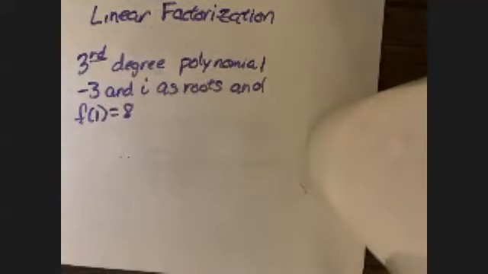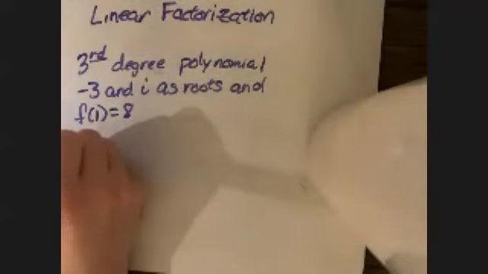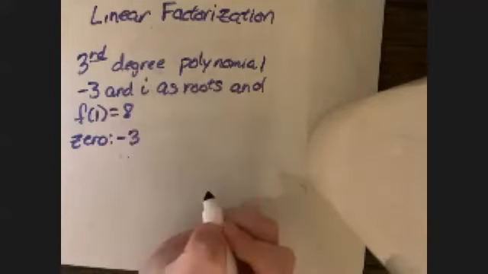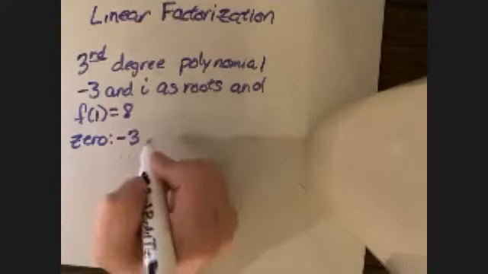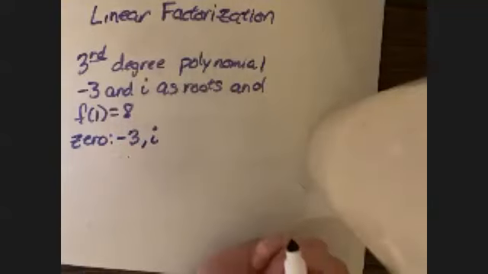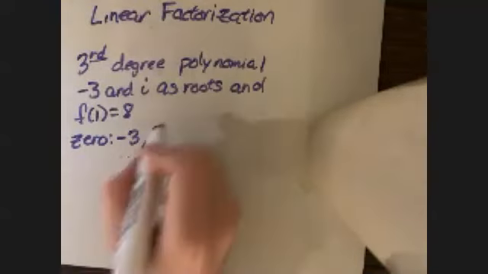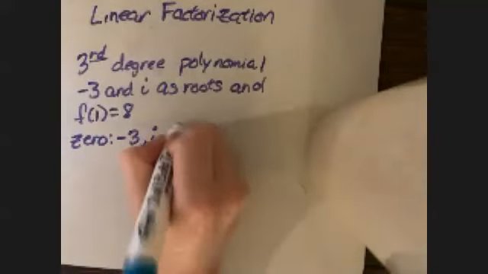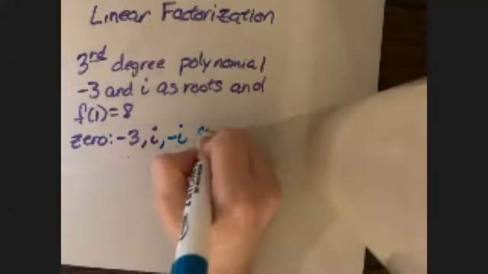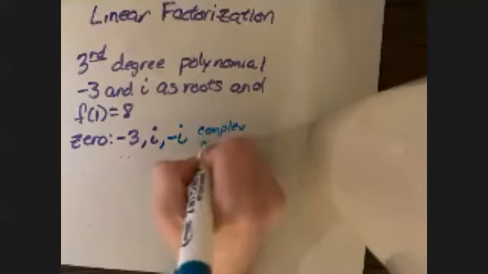Okay, now, first thing, we want to talk about zeros. They tell me -3 is a root. Roots and zeros are the same thing. We know we have i. We also get -i, okay? And we get this one because it is the complex conjugate.